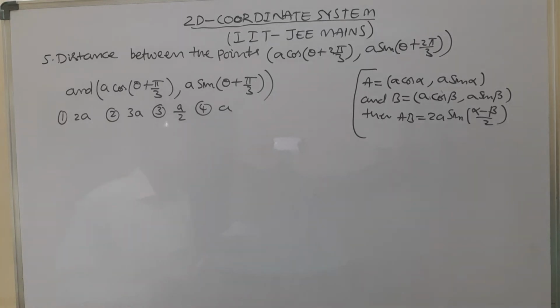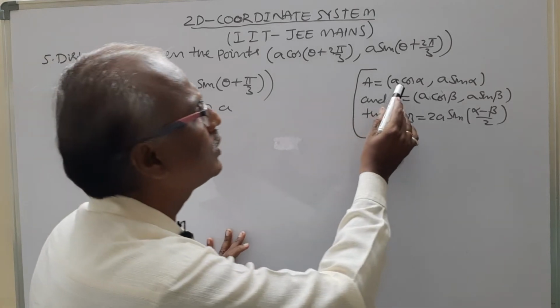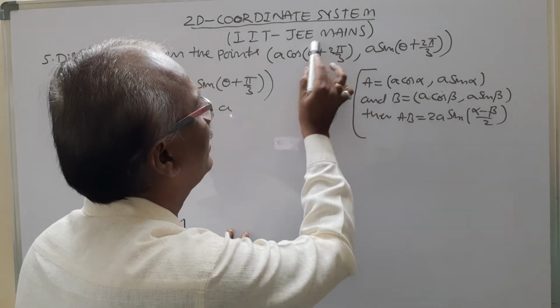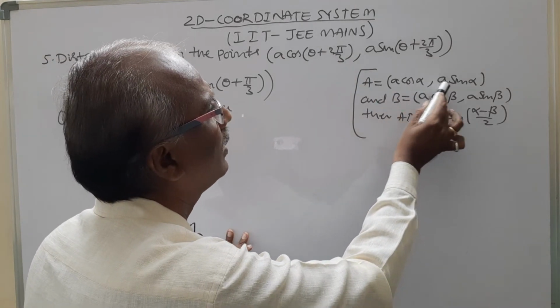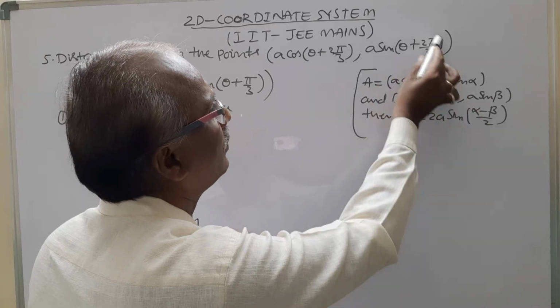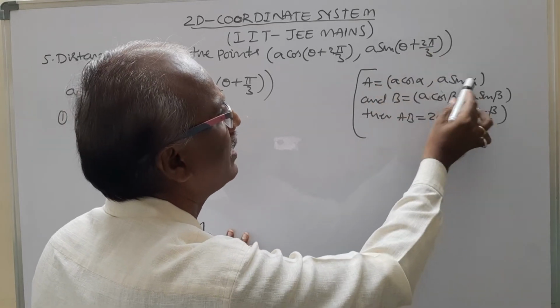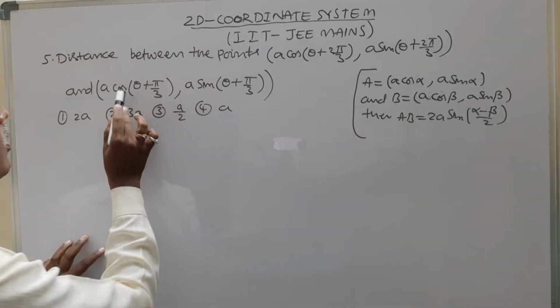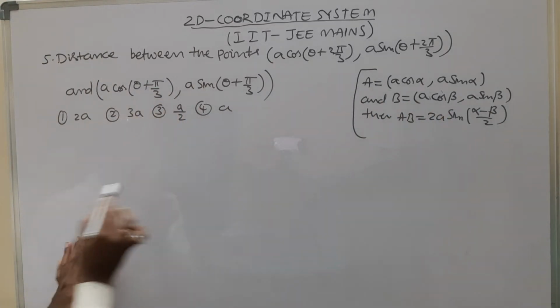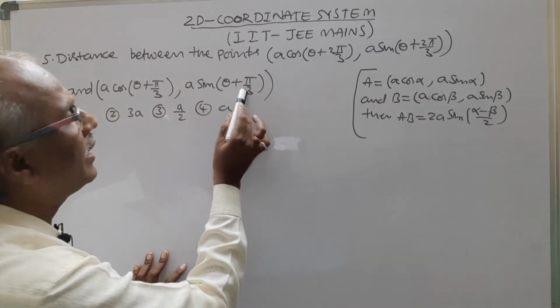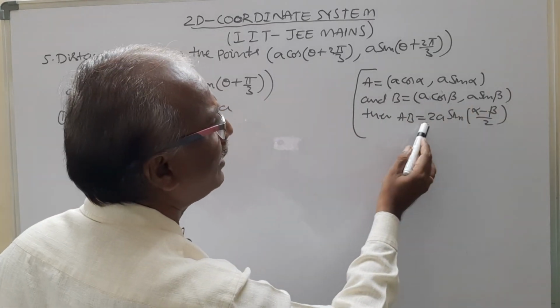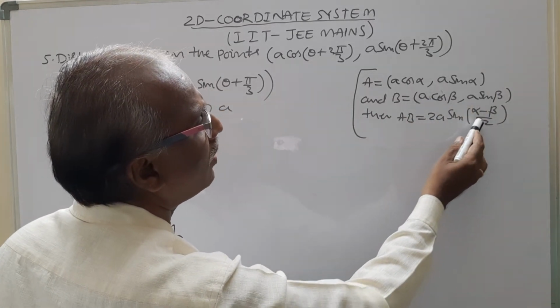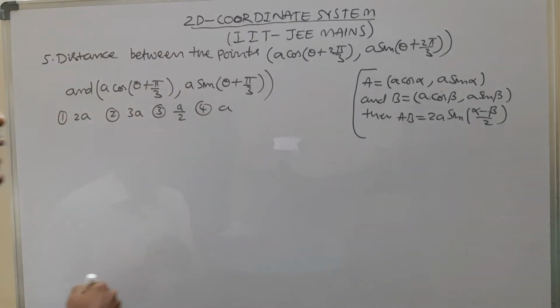Here one concept is there. Capital A is equal to (a cos α, a sin α), where this entire angle is α, and B is equal to (a cos β, a sin β), where this entire angle is β. Then the distance between AB equals 2a sin((α − β)/2).